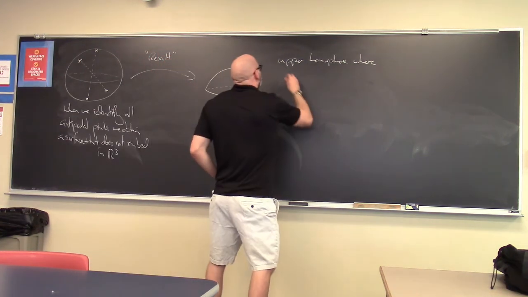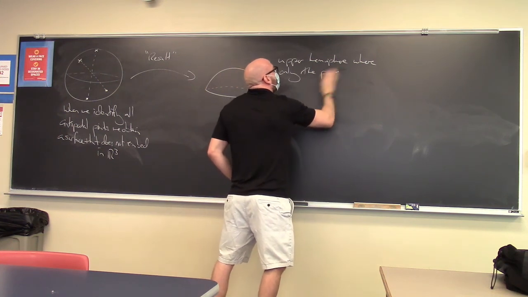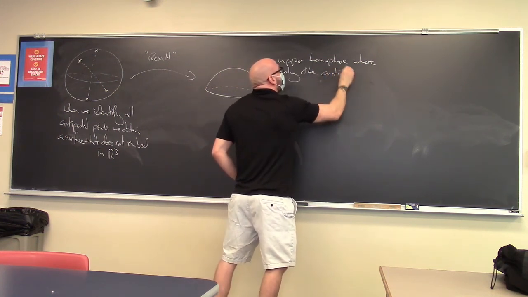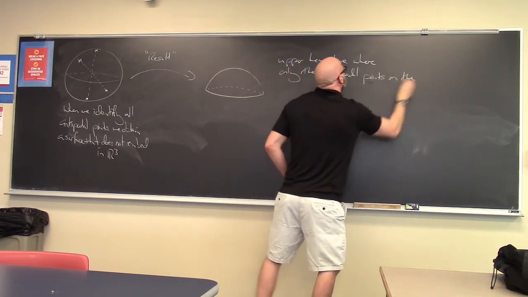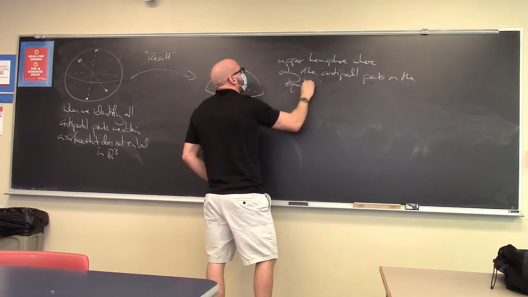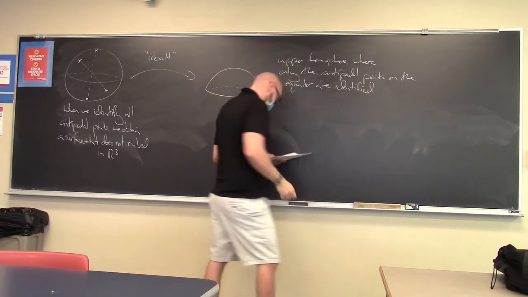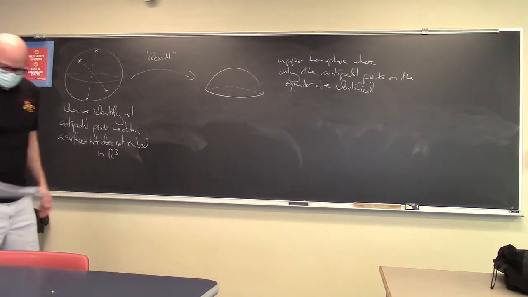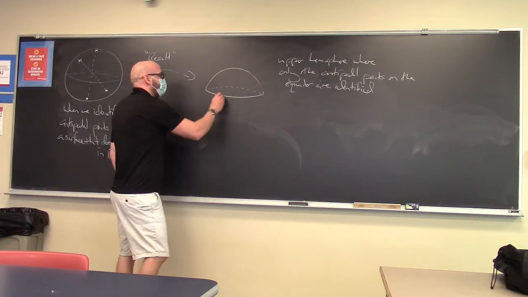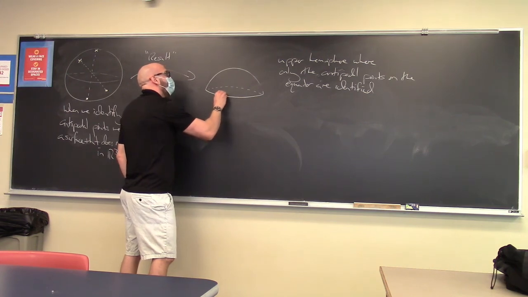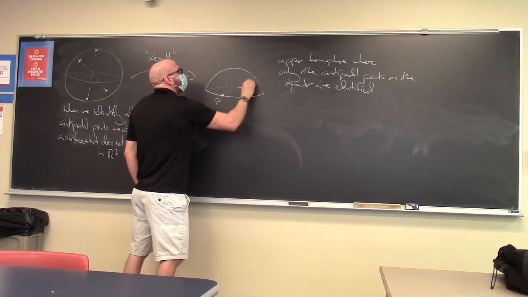Upper hemisphere where only the antipodal points on the equator are identified. All right, so what I mean by that is here's a point, P, that's the same as its antipodal point over there, P prime.